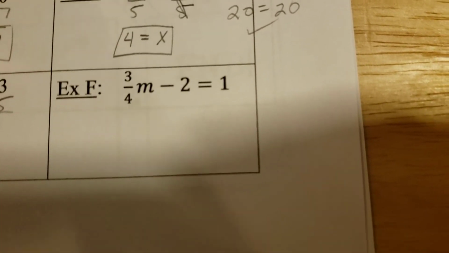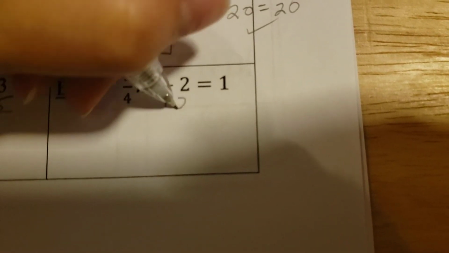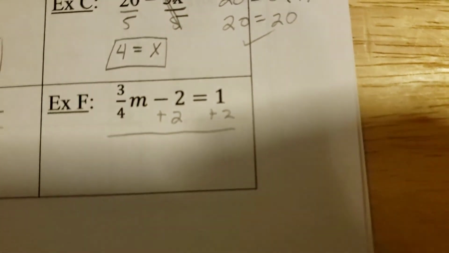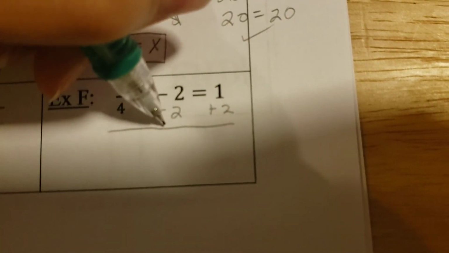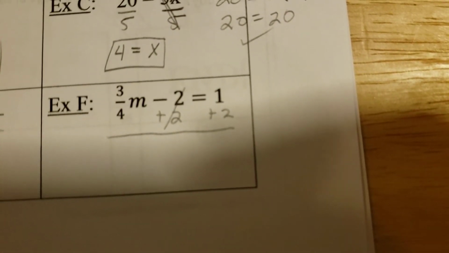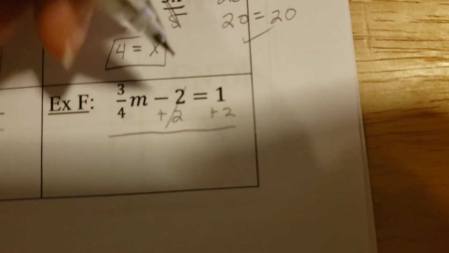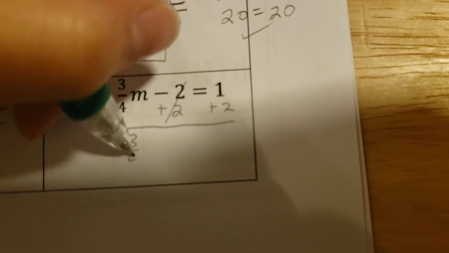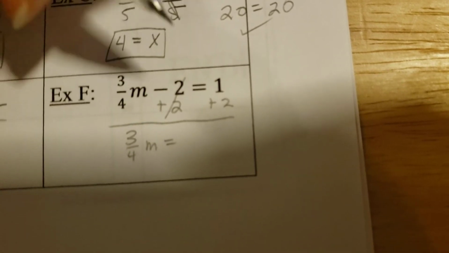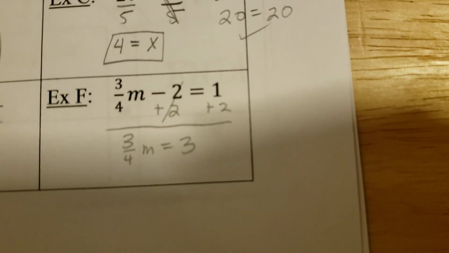So how do we get rid of -2? With +2. And so, again, the -2 and the +2, those make 0, so they're not going to show up over here anymore. And we have 3/4 m equals, and then over here we have 1 + 2, so that's 3.